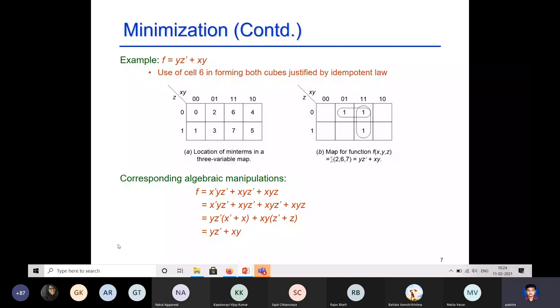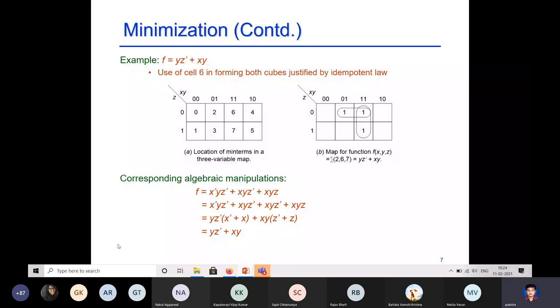So this is the Karnaugh map. What I now do is draw my Karnaugh map and mark the true min terms. Every cell of this Karnaugh map corresponds to a min term. Mark the true min terms only.